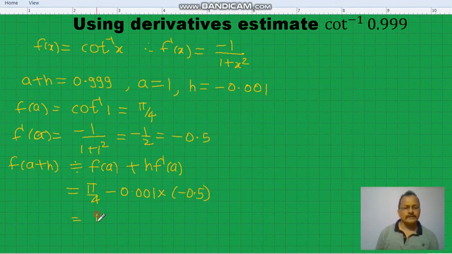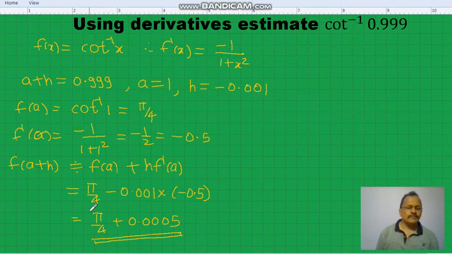So the answer is pi by 4 plus 0.0005. Keep the answer as it is, or if in the problem the value of pi is provided to you, then find out the complete answer.